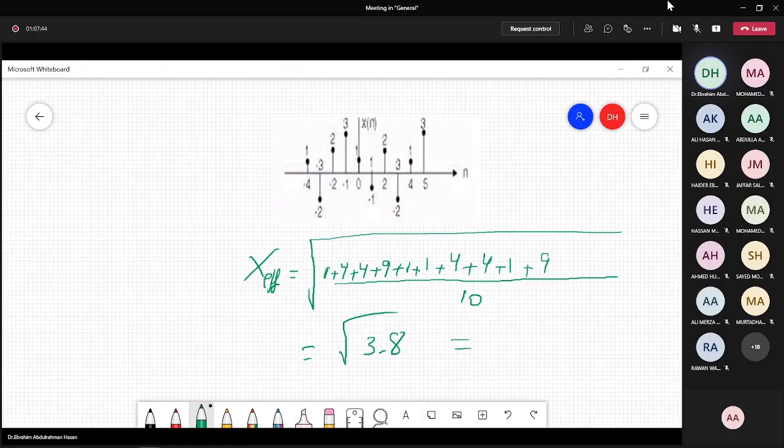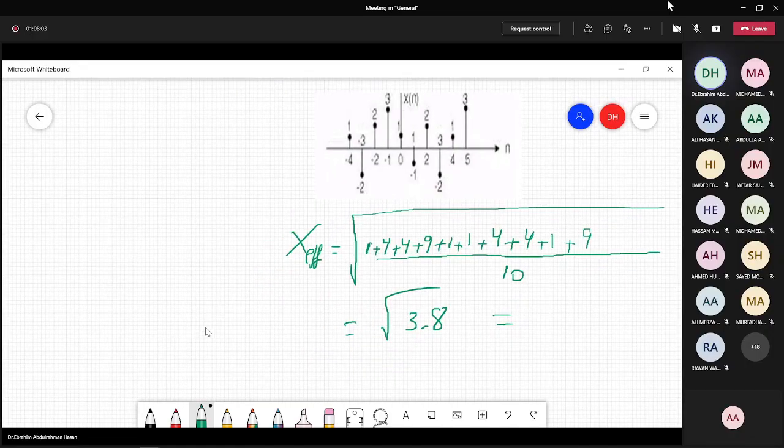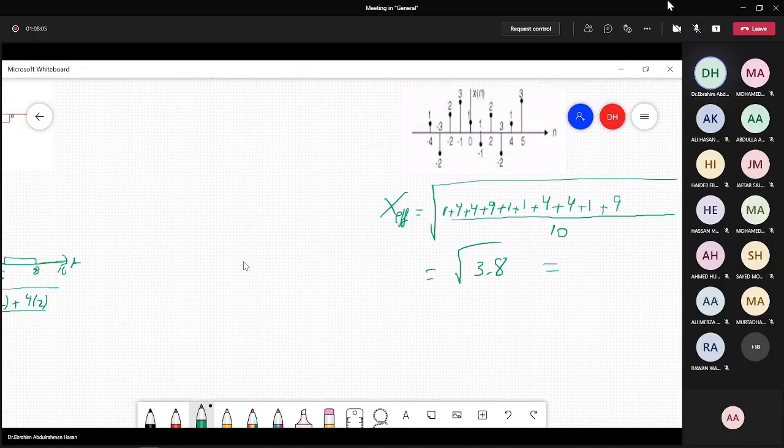You can calculate the root by using your calculator.